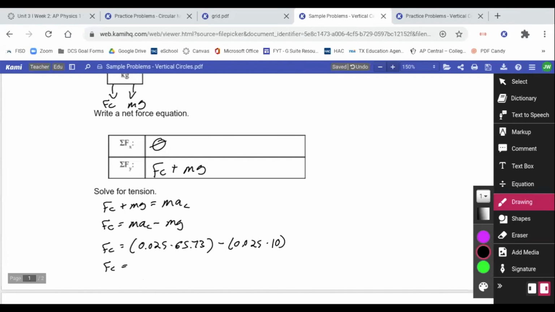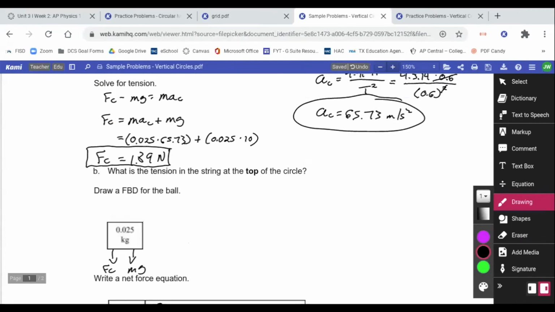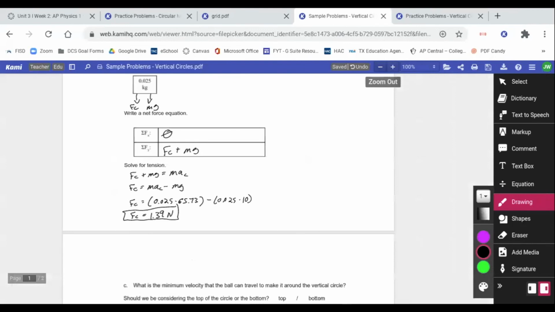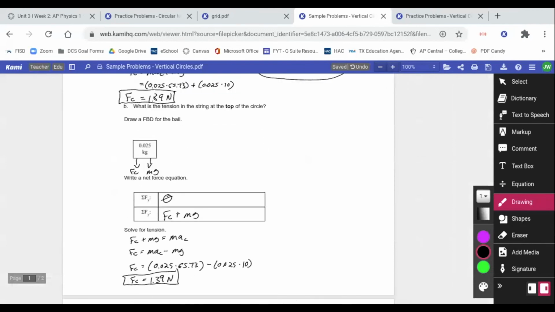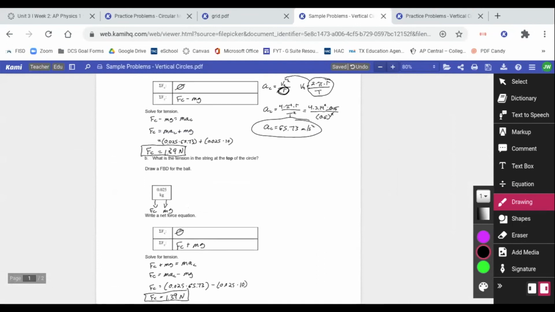Now we're going to subtract the 0.25, which is 1.39 newtons. Why do I feel like something's wrong there? Maybe not. So the force at the bottom was 1.89. The force at the top is 1.39. Less force. Let me shrink this in so you can see all of the work, at least that much of it.